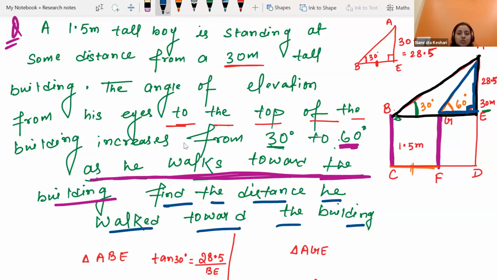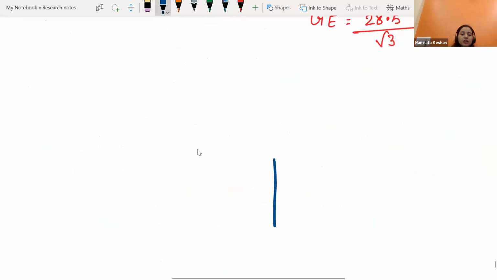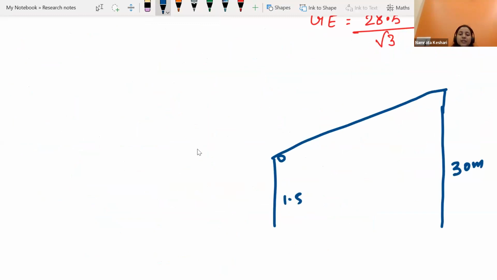So basically the question was, a boy is standing over here 1.5 meters tall, maintaining some distance from the building which is 30 meters tall. Through the eyes of the boy to the top of the building, the angle of elevation is increasing from 30 degrees to 60 degrees when the boy is moving toward the building.